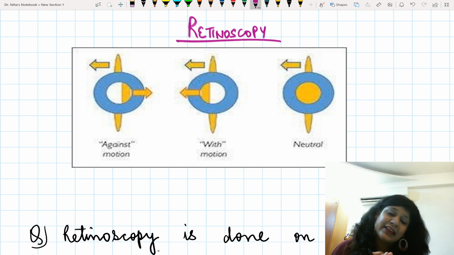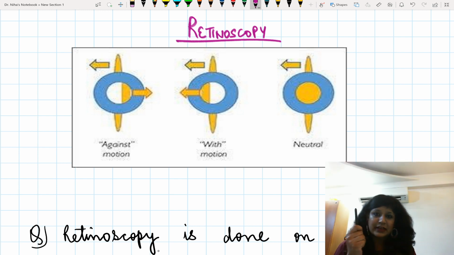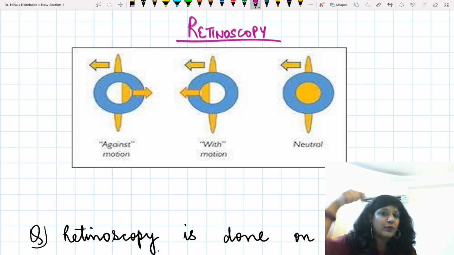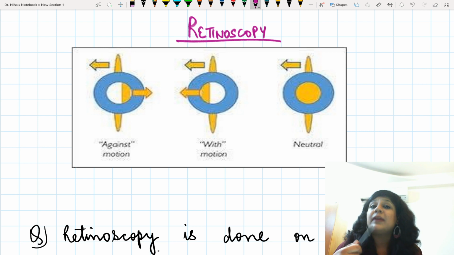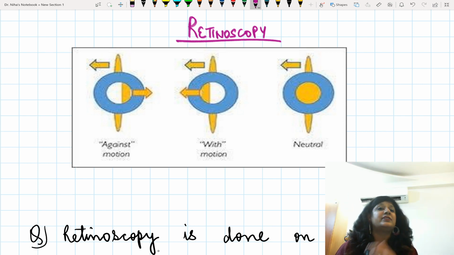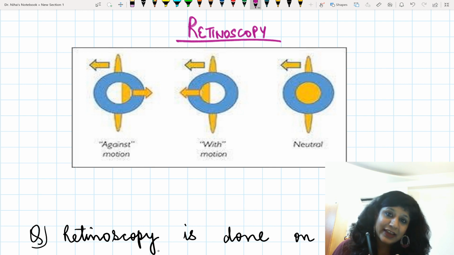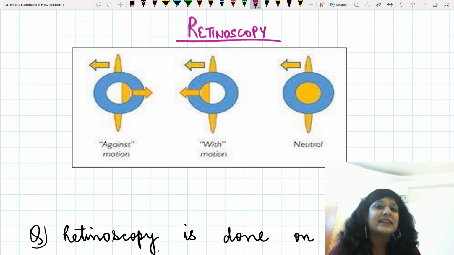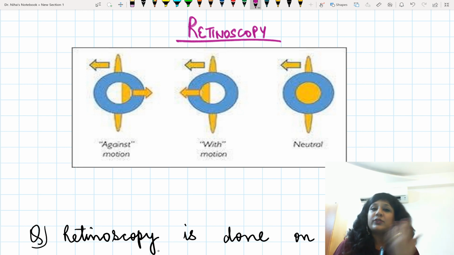When we are using the self-illuminated streak retinoscope, you have to move it horizontally and also vertically, and you have to see whether the movement is the same in both the axes or different. If it is the same in both the axes, that means we have only spherical correction, no astigmatism. If it is different, then there is astigmatism. So there can be a horizontal power, and there can be a vertical power.